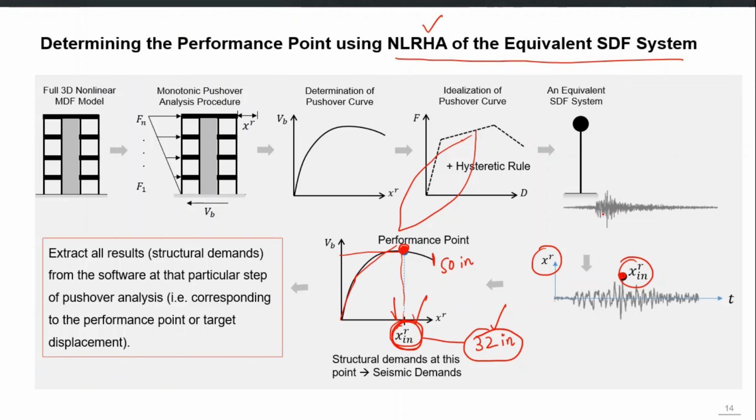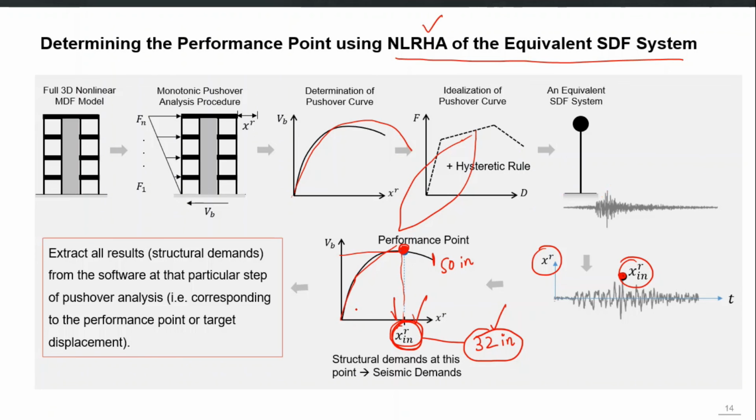So it is always recommended to get the full curve first up till the complete failure, for example, or significant failure, and then idealize it with a force deformation curve and then perform the analysis to see what displacement is caused by the future earthquake, right?